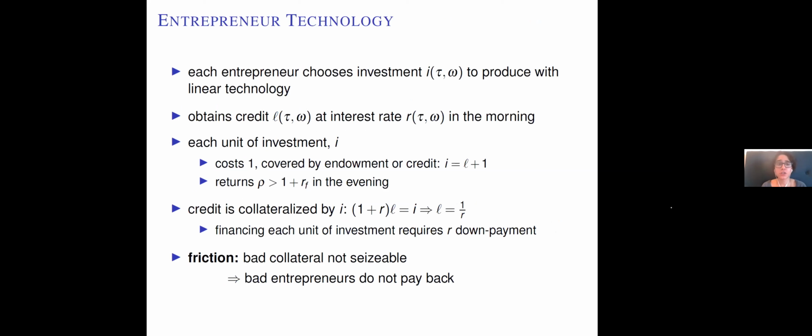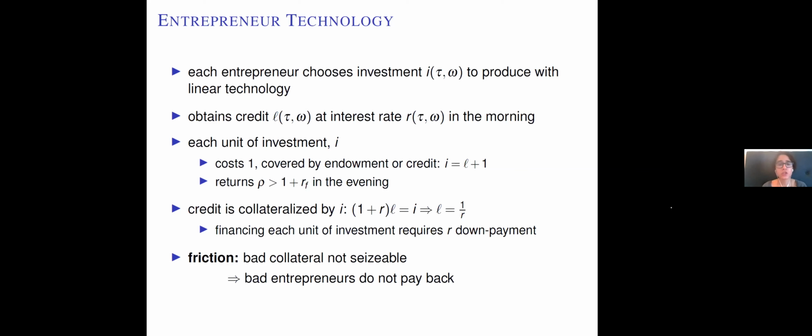Now, let's finish the discussion of entrepreneurs by talking about their technology. Their technology is extremely simple. Each entrepreneur has to choose an investment level, I, which depends on its type, and it's going to have a linear technology.